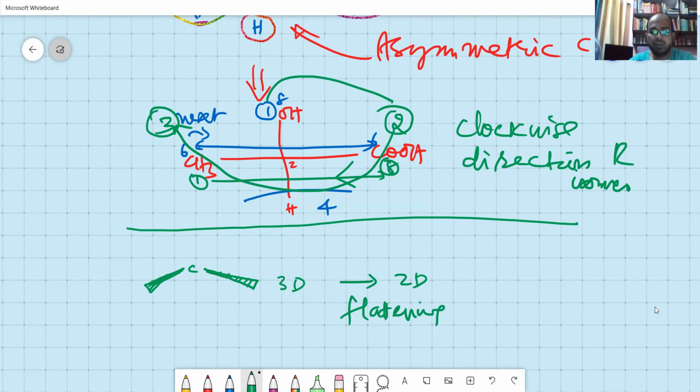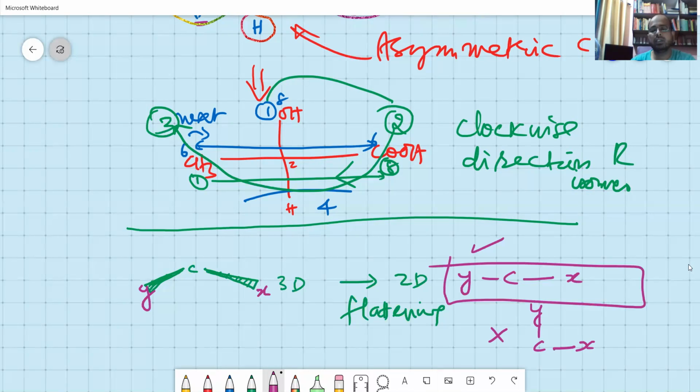If you flatten them, you have to get a structure like this. Suppose if you have X here and Y here, C, X and Y. This is the right way of writing. Not like this, C, X and Y. So this is the right way of doing this and this is the wrong way of describing it.